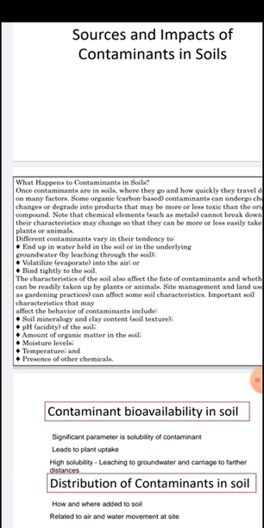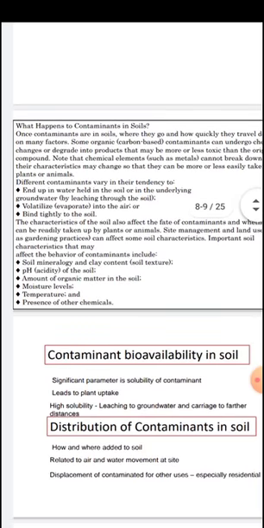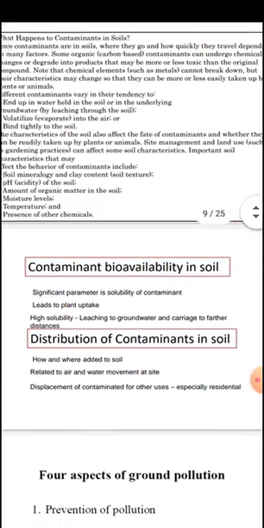So these are also the regulating parameters to define whether the contaminant will sustain and retain in the soil or it will move down to the groundwaters. So moisture levels and then presence of other chemicals, pH, all these things are important to determine the fate of the contaminant.